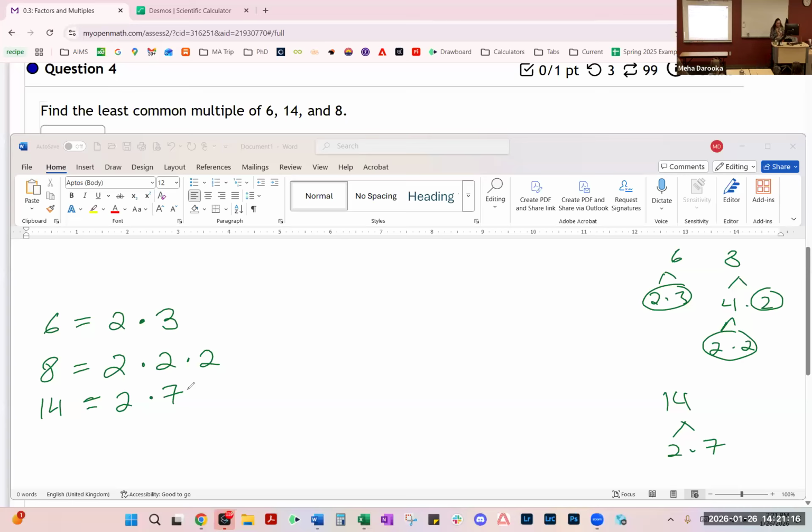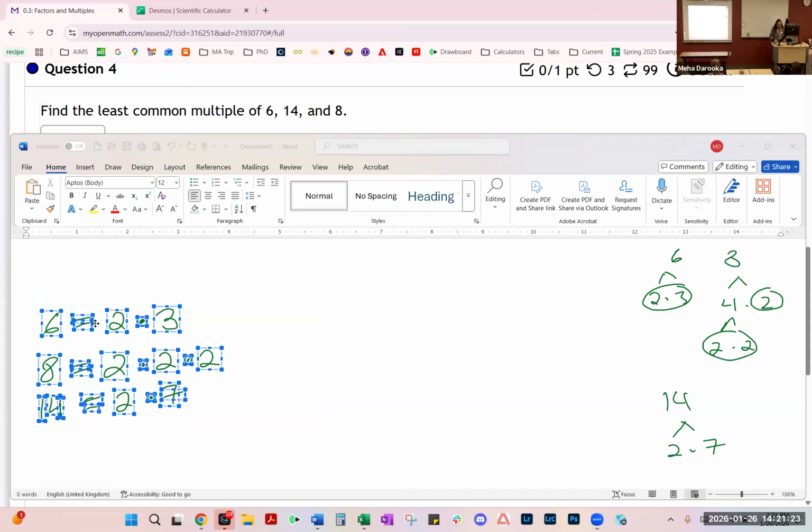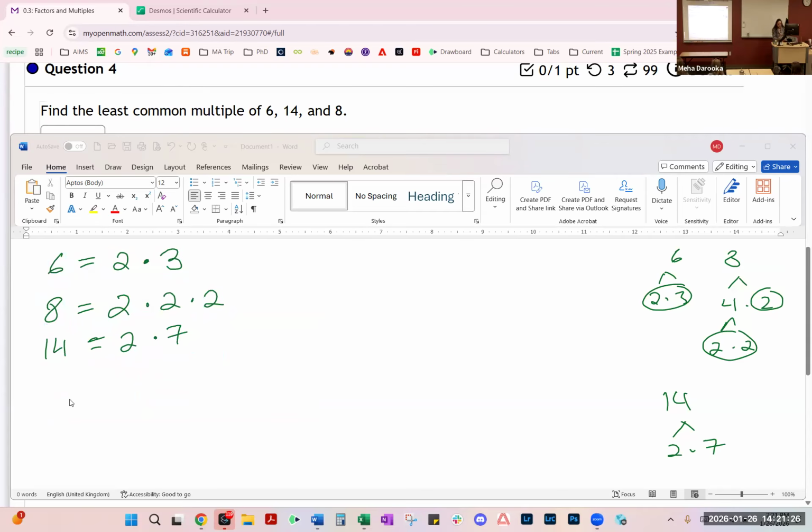And then we can find the least common multiple or least common denominator, depending on what problem you are working on. So let's take a look here. If I needed to find my least common multiple, you look at all their prime factorizations, and you will see all of them have a 2 in common. So you only write that 2 down once. And then, because this is a least common multiple, everything else that was remaining needs to also be copied down.